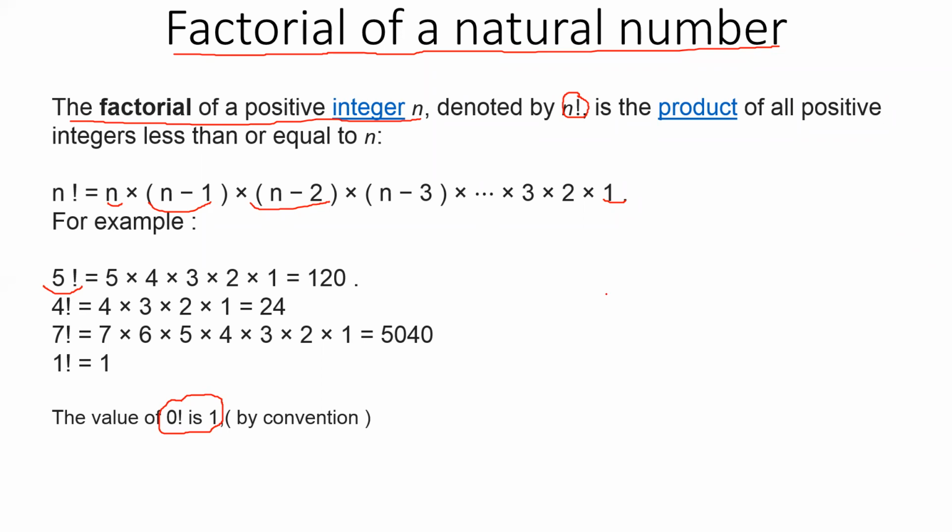If you like to calculate 5 factorial you write 5 shift factorial. Okay. How much? Equal 120.